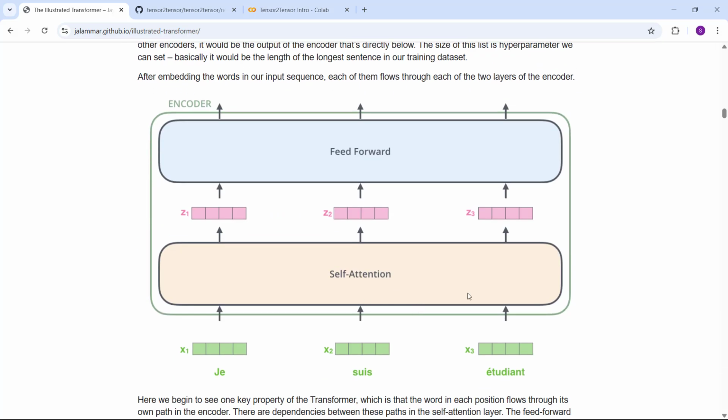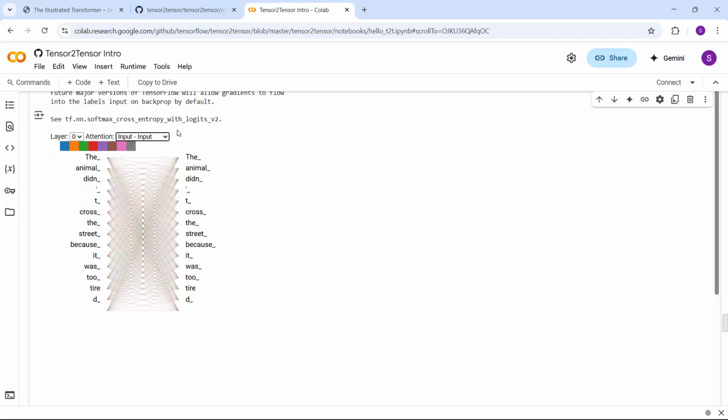The next step is self-attention. That is, it will try to understand the relationship between each word with respect to each other word in the input sequence. That is Je with respect to Je, suis, étudiant. Similarly, suis with respect to suis, Je, étudiant. And then étudiant with respect to étudiant, Je, and suis, like we saw in this example.